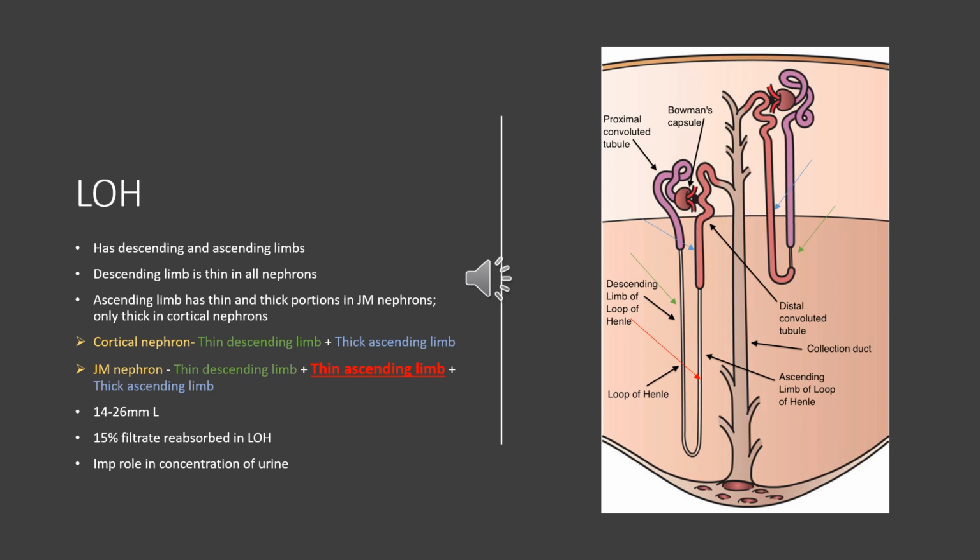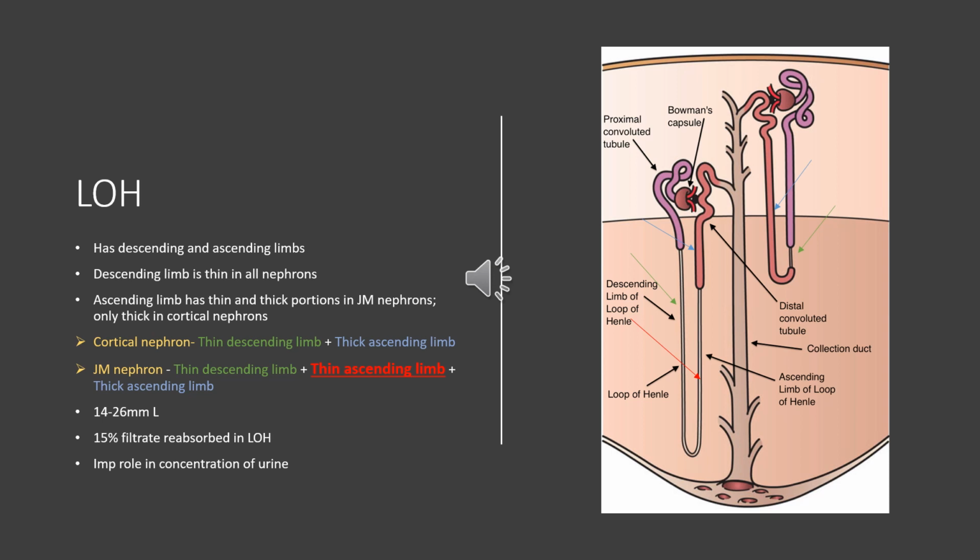So the cortical nephron will be having a thin descending limb and a thick ascending limb for the loop of Henle, whereas juxtamedullary nephron will be having a thin descending limb, a thin ascending limb, and a thick ascending limb.